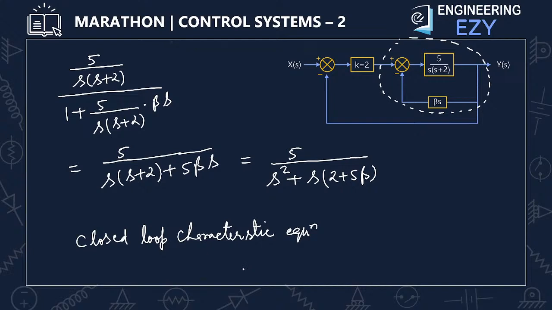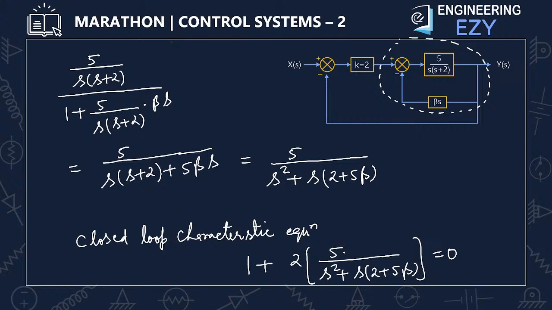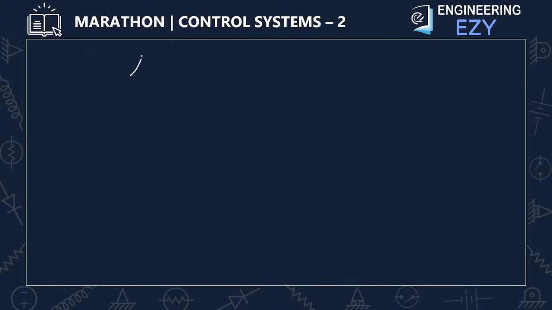So 1 plus 2 multiplied by 5 upon s square plus s times (2 plus 5 beta) is equal to 0. So the closed loop characteristic equation becomes s square plus (5 beta plus 2) times s plus 10 is equal to 0.